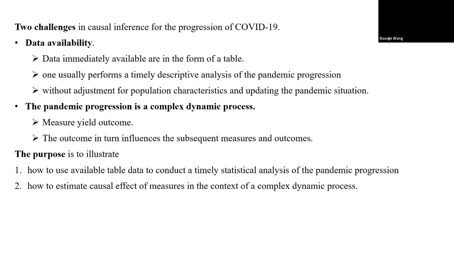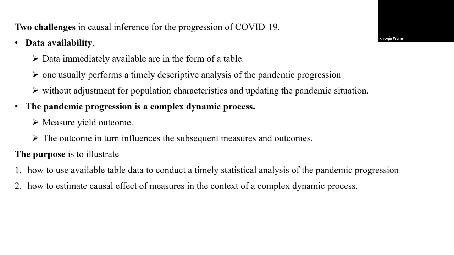One is data availability, because the data immediately available are in the form of tables. There's no individual level data. So one usually performs a timely descriptive analysis of pandemic progression, and this descriptive analysis is without adjustment for population characteristics and updating pandemic situation.